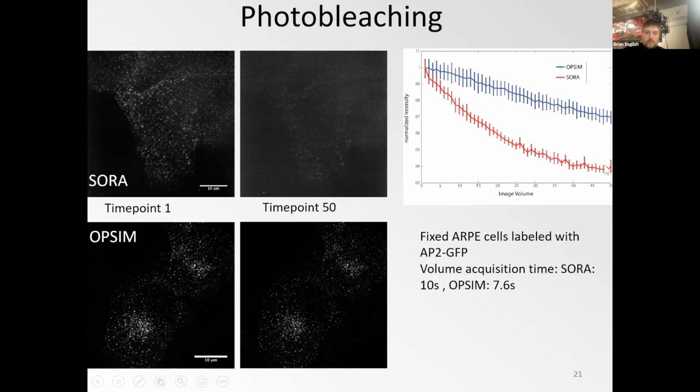And you can see that with the spinning disk, you much more readily bleach. And actually also the signal to noise and the signal to background of the data to start with was not by an order of magnitude, but by maybe a factor of 2 lower to start with. So if you would have normalized it to the same signal to noise, it may have been even more extreme.